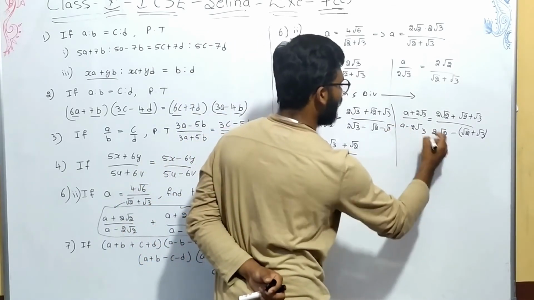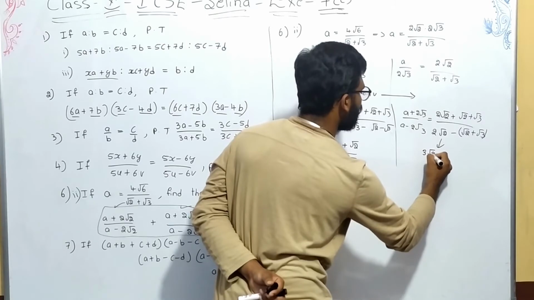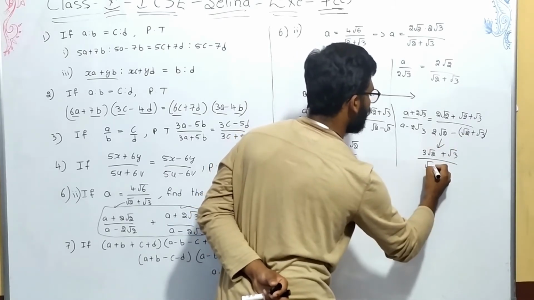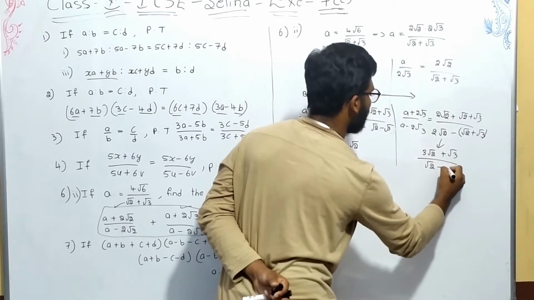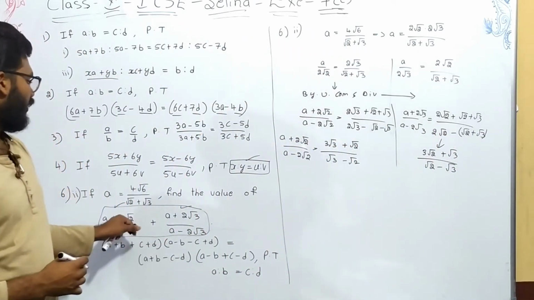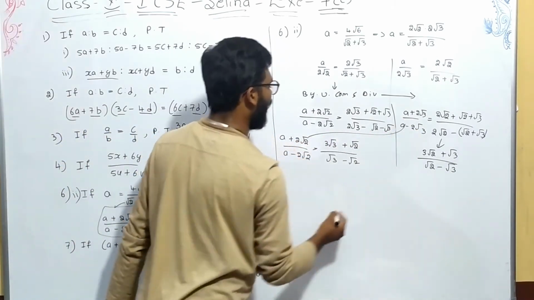In the same way, this value I will get (3 root 2 plus root 3) by (2 root 2 minus root 2 minus root 3), so root 2 minus root 3. But I want the value of a plus 2... the plus is there, right? So these two I have to add.